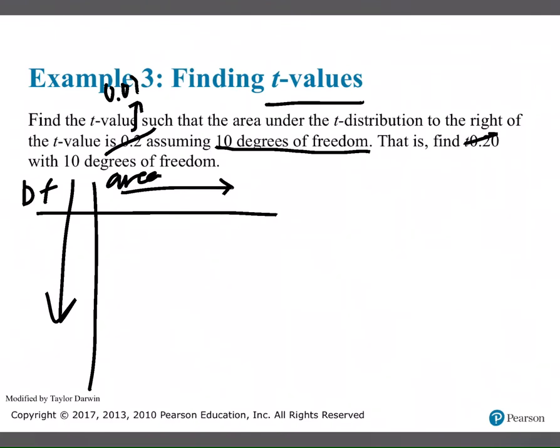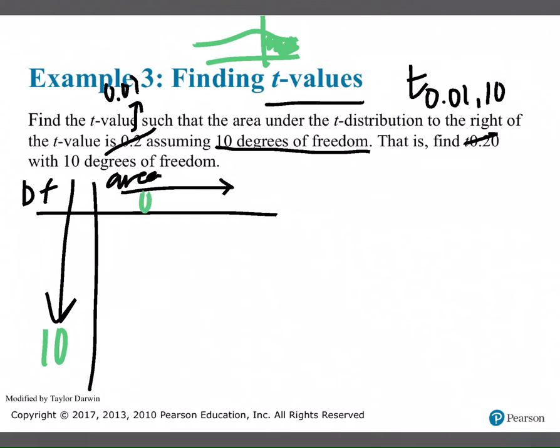So we're really finding T of 0.01 with the degrees of freedom of 10. And so what you're going to do is you're going to find the degrees of freedom of 10. And we're only finding the area to the right, which means that it's considered one tail. So you'll see two different things, area in one tail, area in two tails. You need to be in the area of one tail and find that 0.01 and then see where they meet.